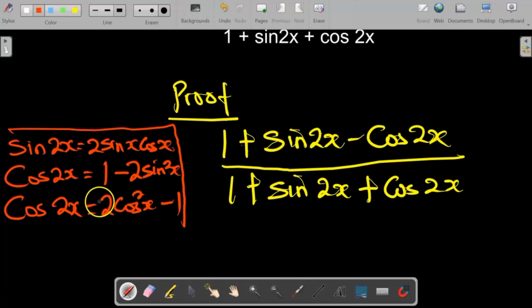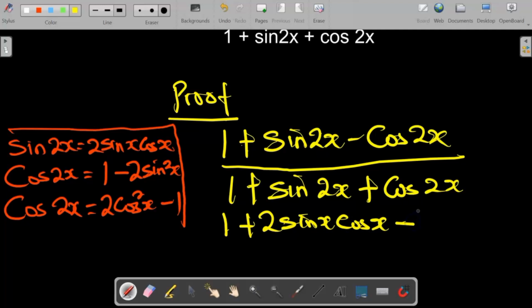Now, we are going to be substituting all this into the fraction. So in our numerator, we have 1 plus sine 2x, which is 2 sine x cos x, minus cos 2x, and I'm going to be using 1 minus 2 sine squared x.